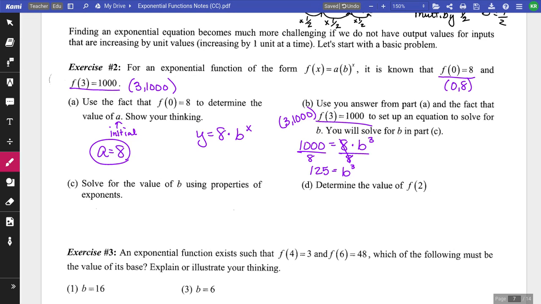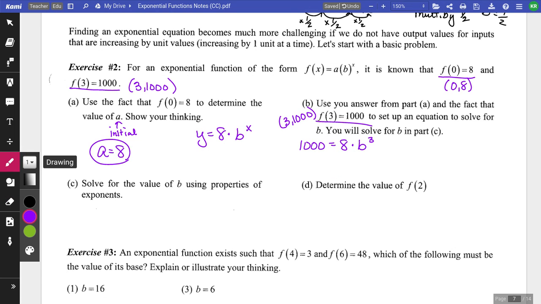Part C, I guess I got a little ahead of myself. Part B was just write the equation that you're going to use, and then part C is solve it.